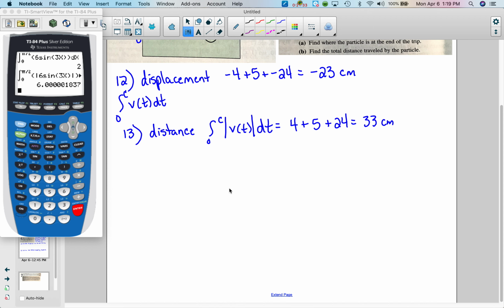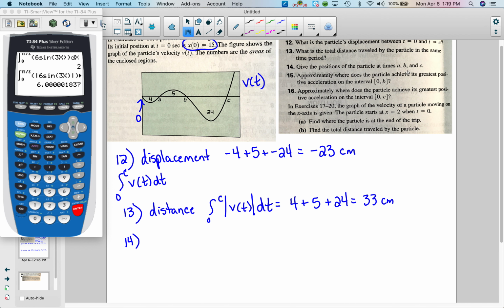Okay. Number 14. Give the positions of the particle at time A, B, and C. Well, remember that x of 0 is 15. That's where it started. So at time A, it started at 15 and it went back 4. So the position would be at 11 centimeters, or just 11, because we're on the axes.